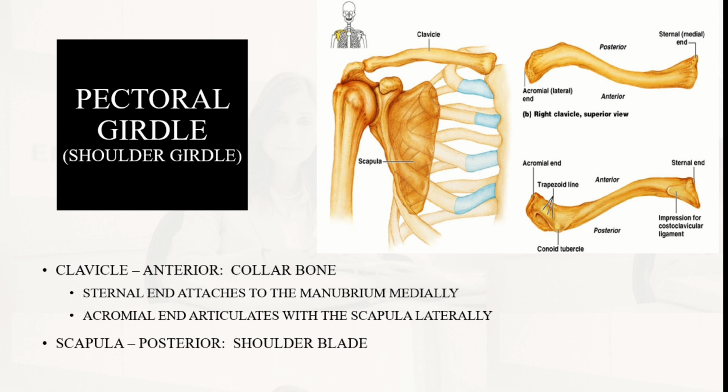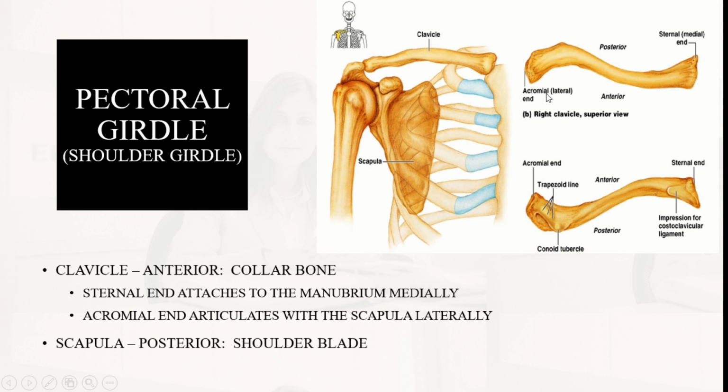Then the scapula is posterior, and that's where the shoulder blade is. So this is the scapula, and this is the clavicle of the pectoral girdle on this side. Okay, that's the anatomy of the clavicle.